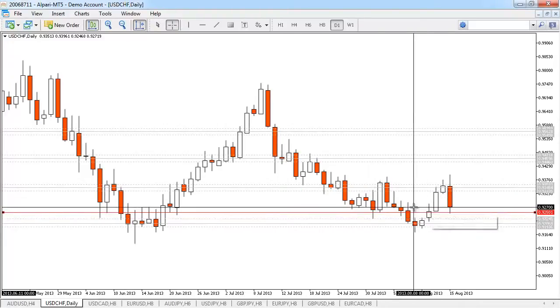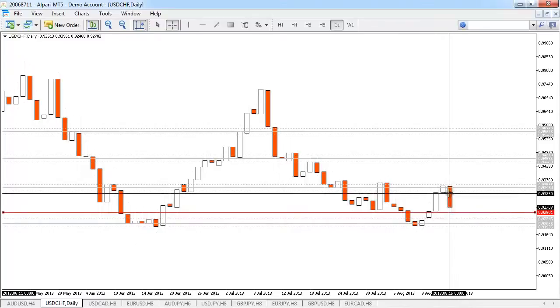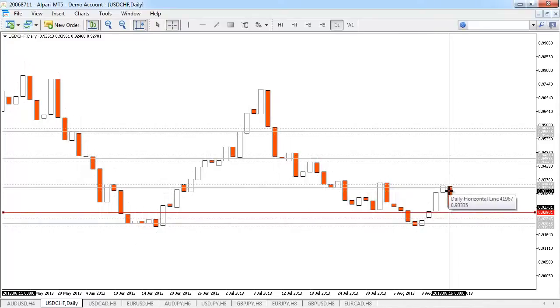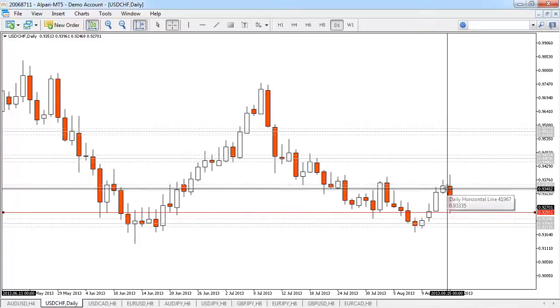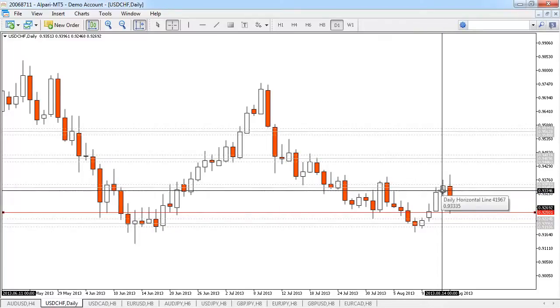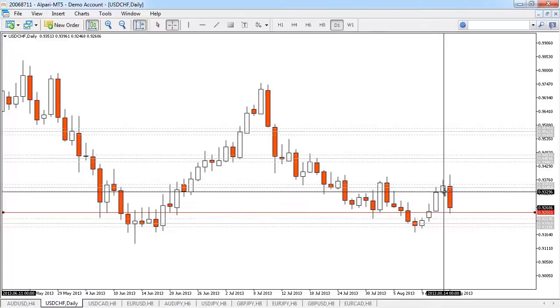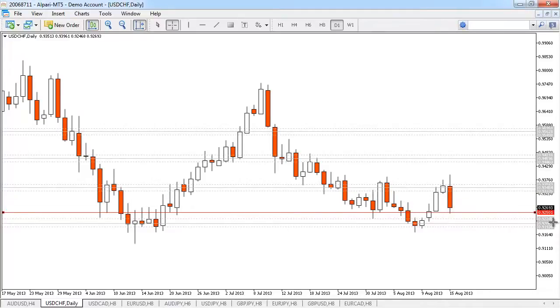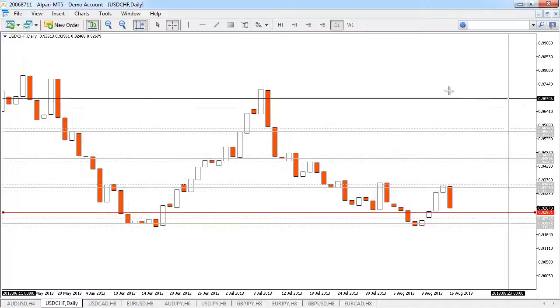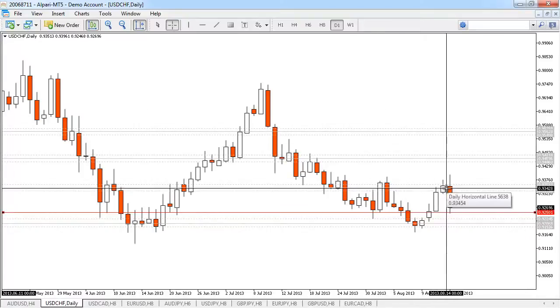If I'm setting just an automatic exit, I'd probably set it on the line, just because there is resistance up here and I don't want it to get specifically to this line and then reverse because there's sellers up there. So it just depends on if I'm around to watch the trade. If I'm able to watch the trade from my mobile phone or at my actual computer, I'll set my exit a little higher and just watch and see how price reacts around here.